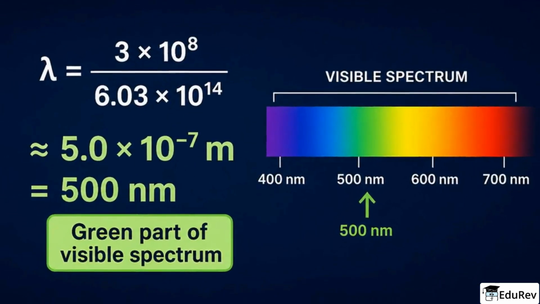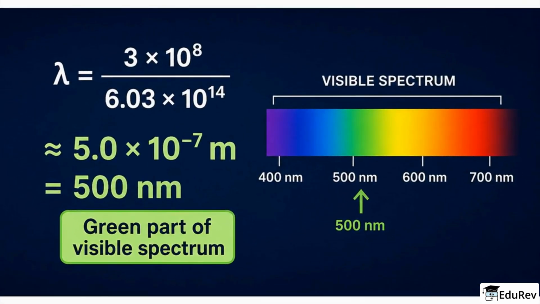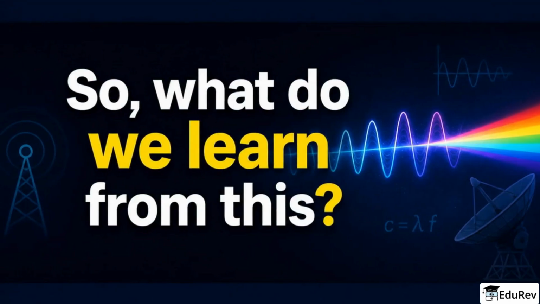Convert to wavelength, lambda equals 3 times 10 to the 8 divided by 6.03 times 10 to the 14, which gives about 5.0 times 10 to the minus 7 meters or 500 nanometers in the green part of the visible spectrum.